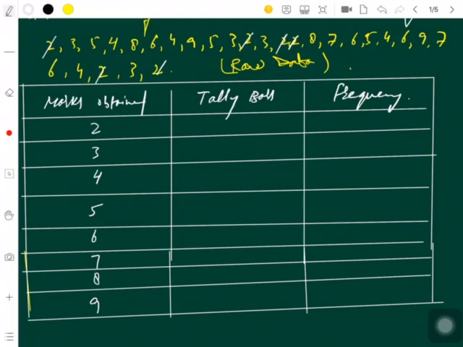So it is 6 times. Put vertical lines properly, bear it in mind: 1, 2, 3, 4, then 5 will be like this, and this will be your 6. So frequency is 6. Is it easy? Just complete it, I'll complete it also.